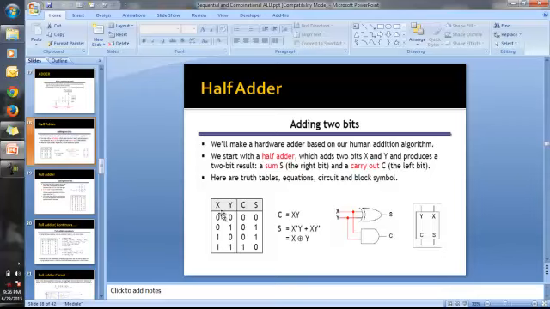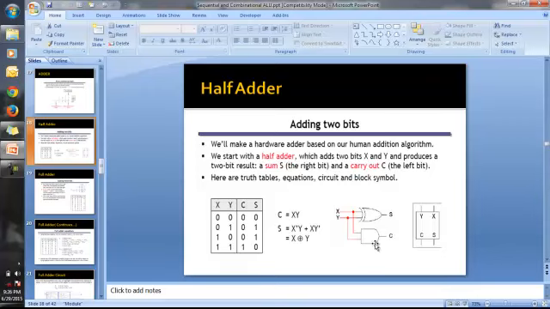If we have two values, the possible values might be 0 0, 0 1, 1 0, 1 1. For 0 0, the sum will be 0. For 0 plus 1, 1. 1 plus 0, 1. 1 plus 1, I will have 1 0. So I will have the sum as 0 and 1 as carry. That is given here.